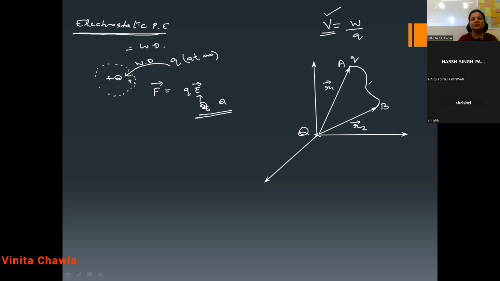Now let's consider a situation where the charge is at some point P. Because the charge is moving from point A to B, we'll consider an intermediate situation. बीच में कोई भी, उसके पाथ में हमने एक पॉइंट कंसिडर किया कि चार्ज जो है ए से निकला हुआ है, बी पे पहुंचा नहीं है, पहुंचने वाला है, और रास्ते में वो पॉइंट पी पे पहुंच गया.